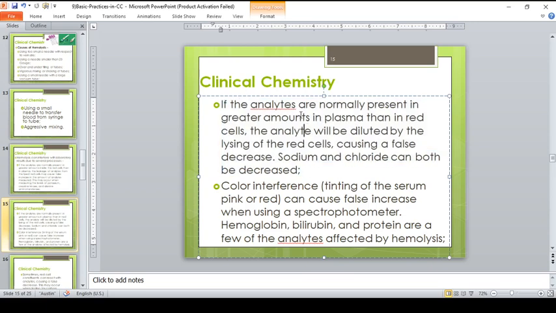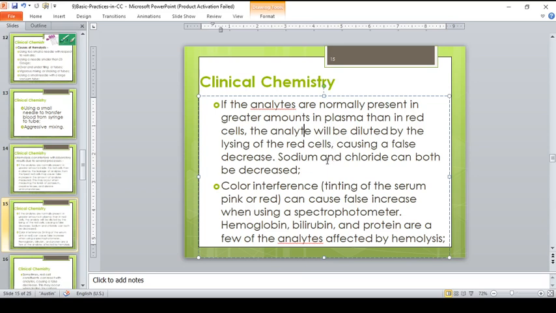Normally, kapag walang hemolysis, pag mas marami yung analytes sa plasma or serum, at kapag nagkaroon naman ng hemolysis, anong mangyayari doon? There will be dilution. And in that case, what will happen to the level? Magde-decrease siya. Like si chloride and si sodium.